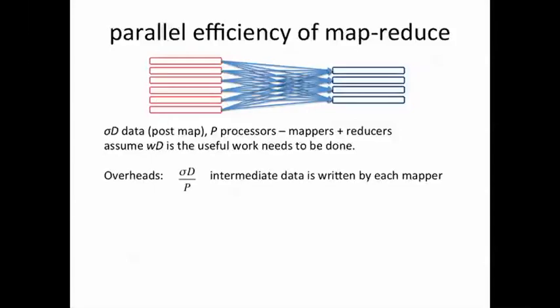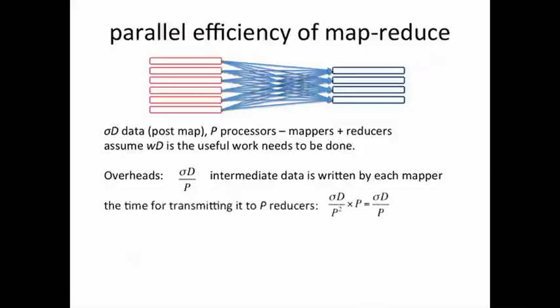Now let's look at the overheads of doing the computation WD using MapReduce. After the map operation, instead of d data items, we have sigma d data items in p pieces. So each mapper writes sigma d over p data to its local disk. So there's some overhead associated with writing this data.